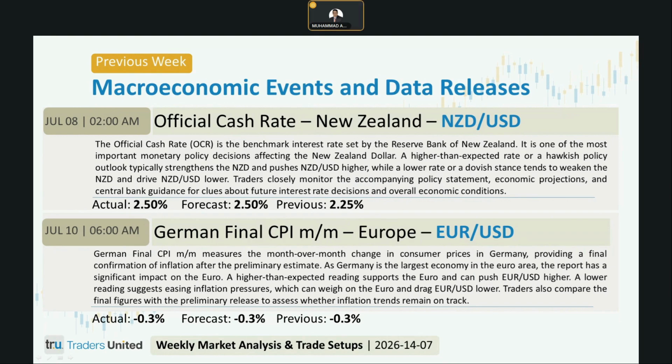The financial data release demonstrated that overall market sentiment and central bank guidance remained the primary drivers of short-term price action. The final key takeaway is the previous reading was 2.25%, forecast 2.5%, and the actual number is also 2.5%.